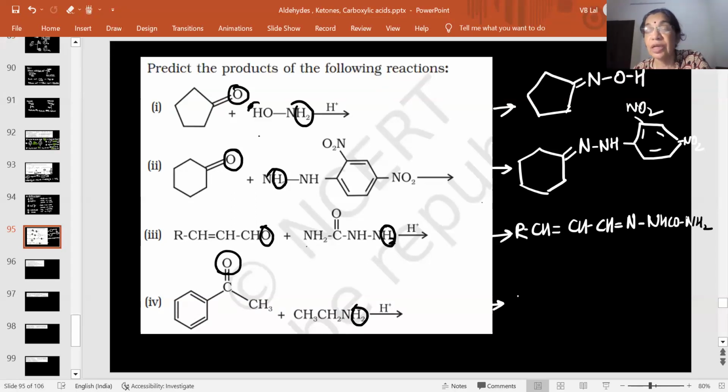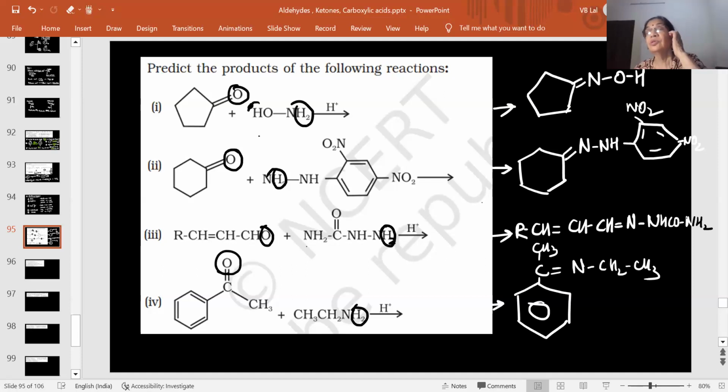These are questions which are there in your textbook. From here only, exactly from here, the question will be there for the exams. So this molecule and then double bond N, CH2, CH3. So you should be able to remove water and write the remaining product carefully.